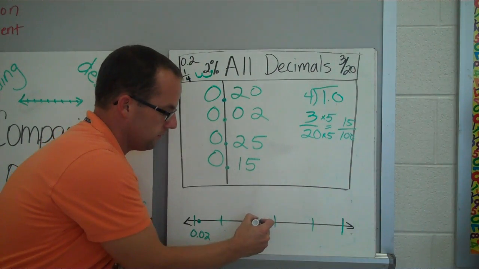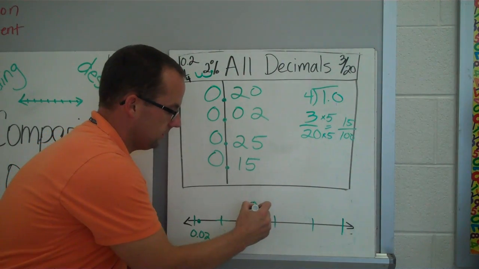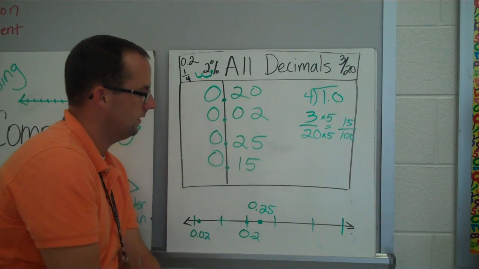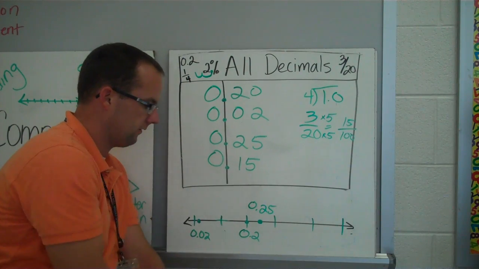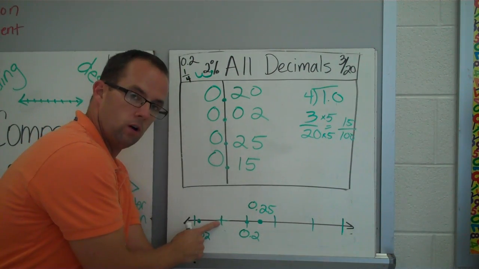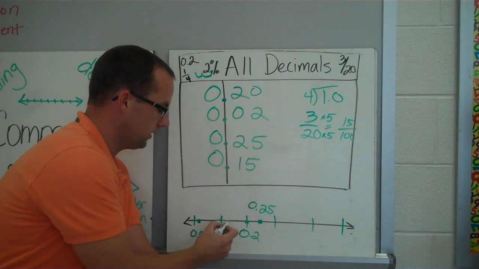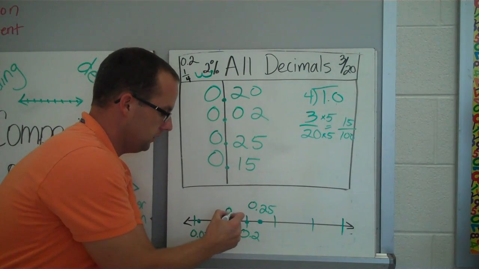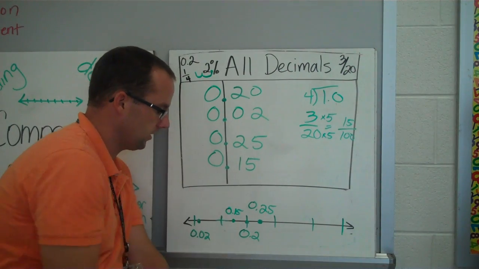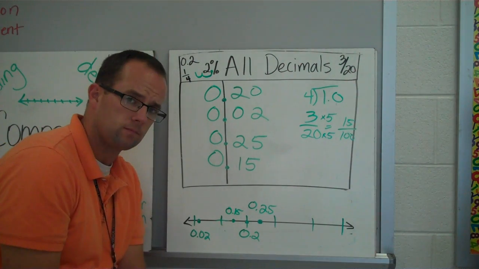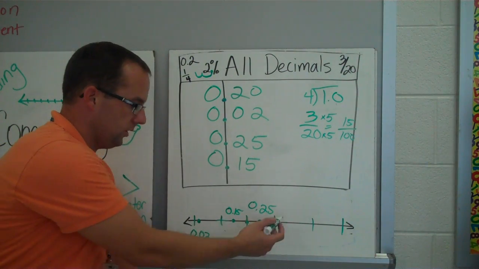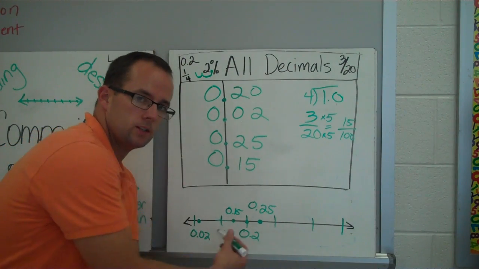So I'm going to put it smack dab in the middle. That's 0.25. And then 0.15 I know is not 0.1 and it's not 0.2. I know that it is 0.15 right smack in the middle. Alright? So there you have the order from least to greatest on the number line.